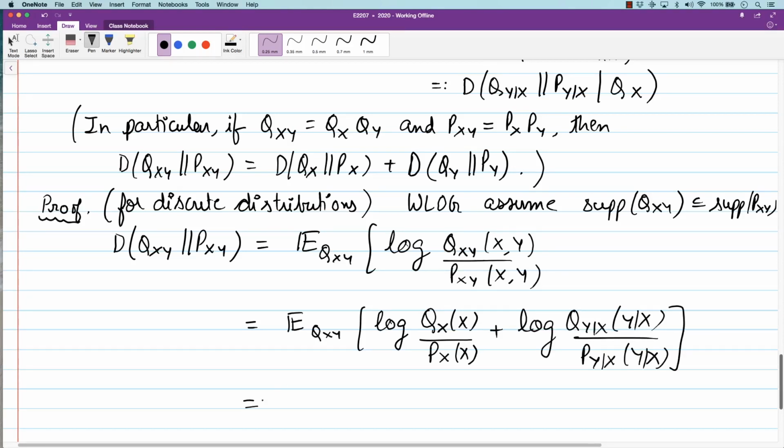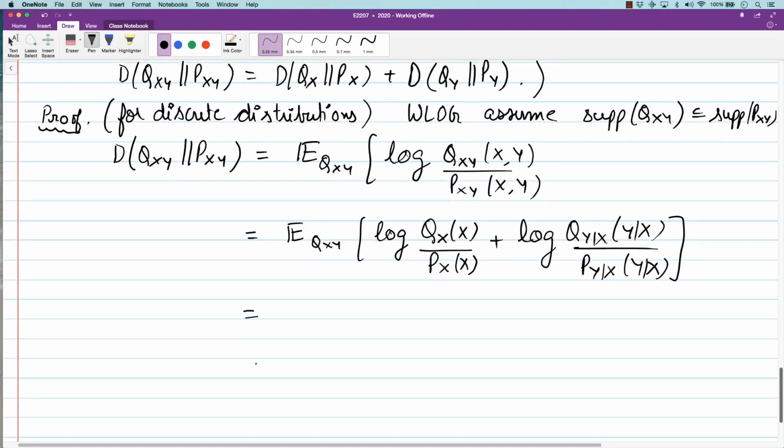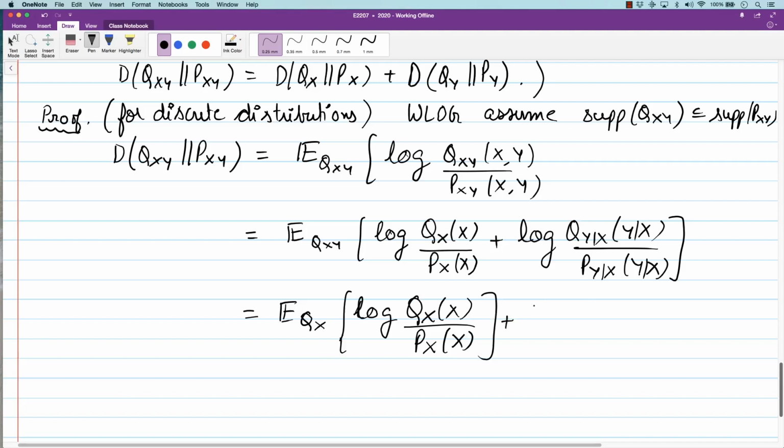And this guy here is exactly equal to, so what is the expectation of, this is a function only of x, so the part in y disappears, so what you get is just this guy here plus now the expected value over qx and expected value over q of y given x, because that's how expectation works.